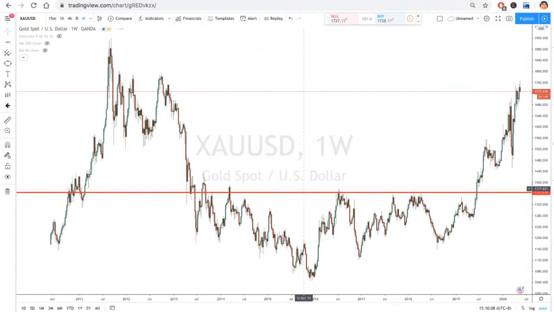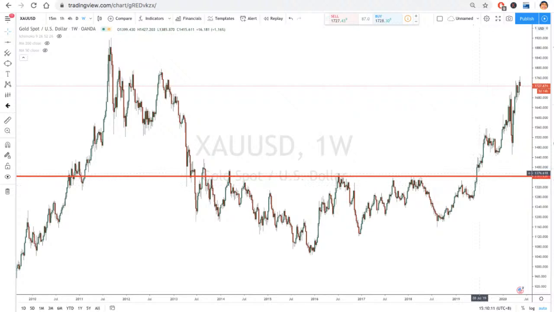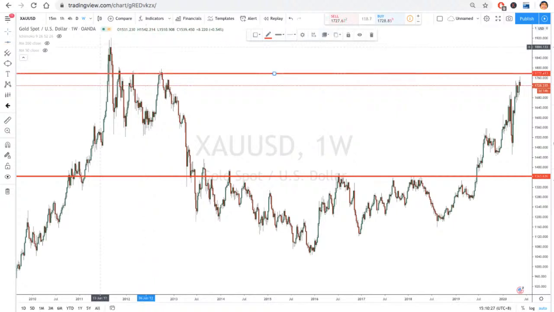You see the breakout. We took this trade, but we took profit about here, 1451. And it went all the way up. So for gold now, let's see what's the target. We are currently in no man's land. This is the resistance. This is the next resistance.